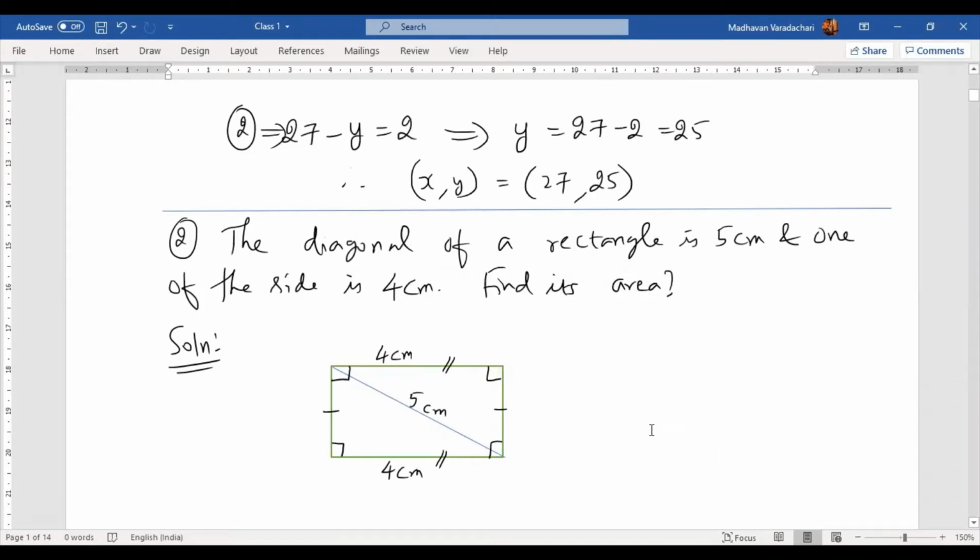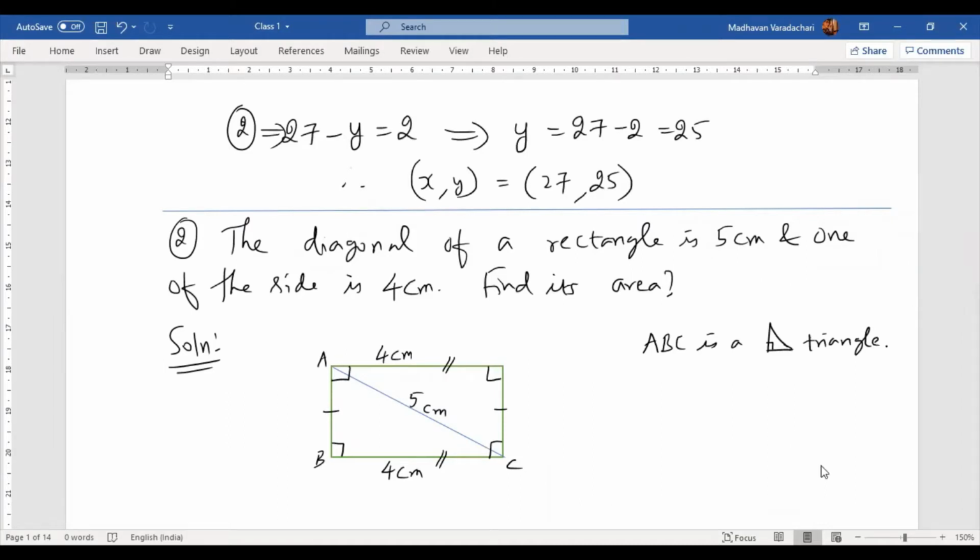When all these are right angled, this particular portion, I'm writing it as A, B, C. This ABC is a right angled triangle.